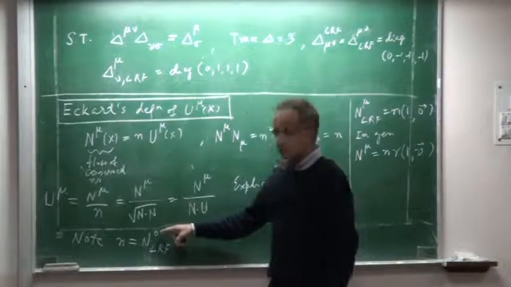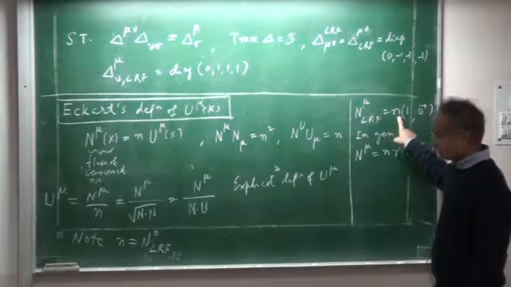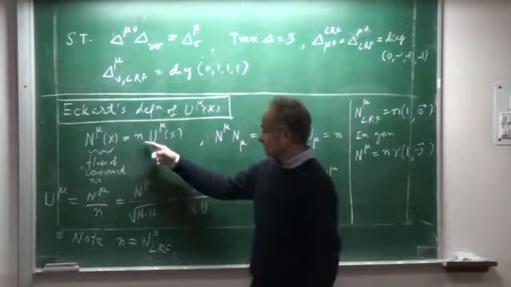N is the 0th, time part of the n mu in the local rest frame, and it's also clear that n is a Lorentz scalar.